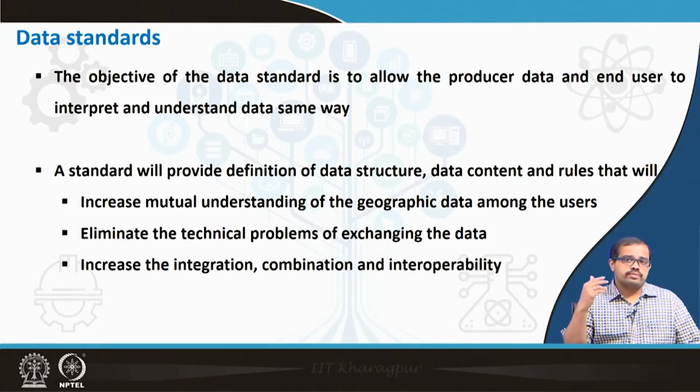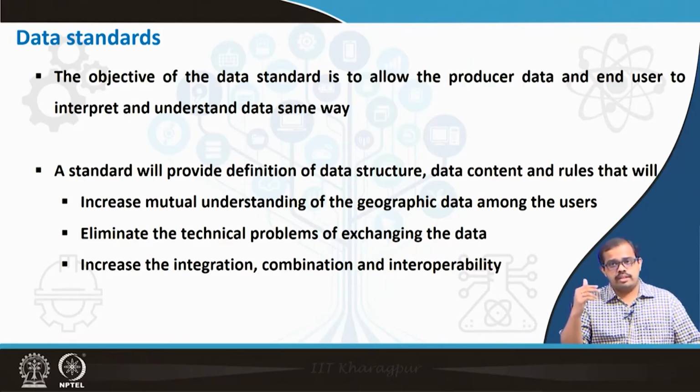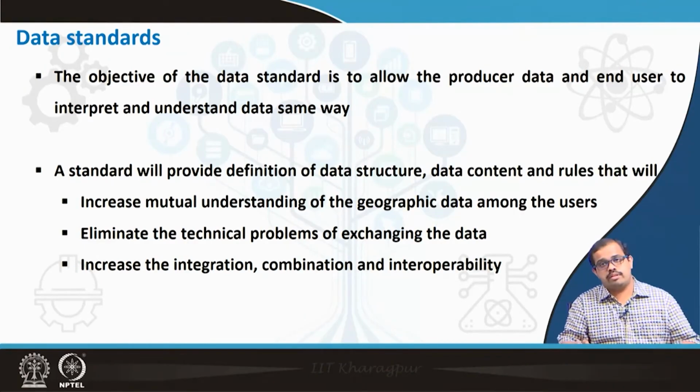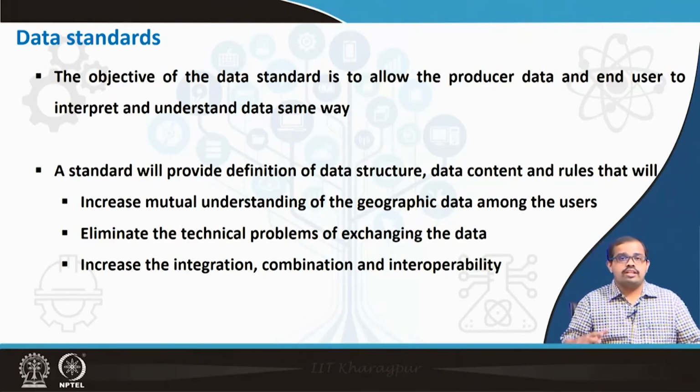Now, once you have created interoperability, it increases the integration and combination, and interoperability in terms of data management also. Otherwise, your data standard would not match the managed data or the output or the information that you have already created.